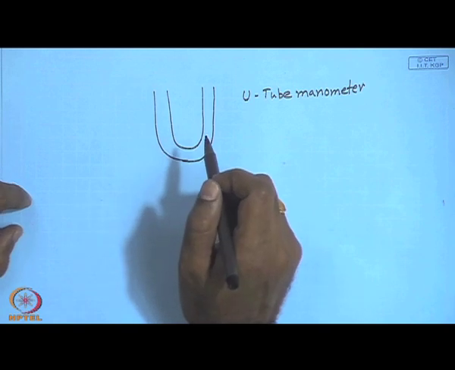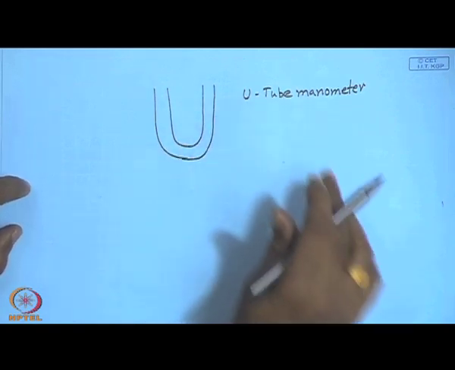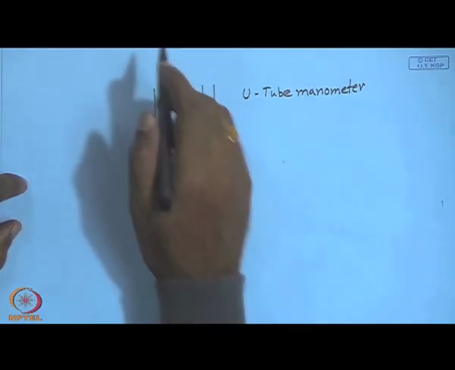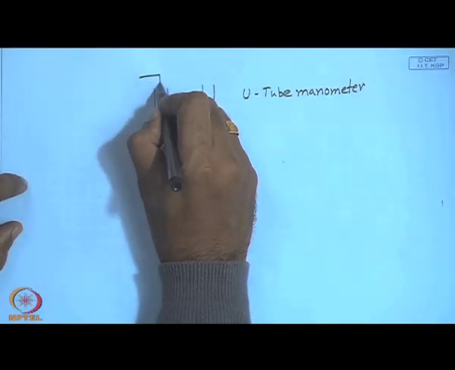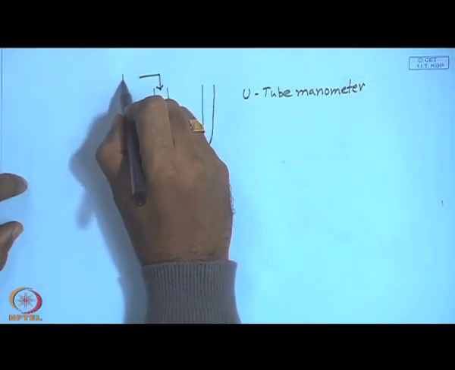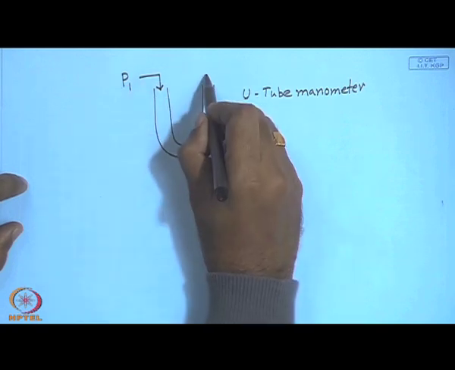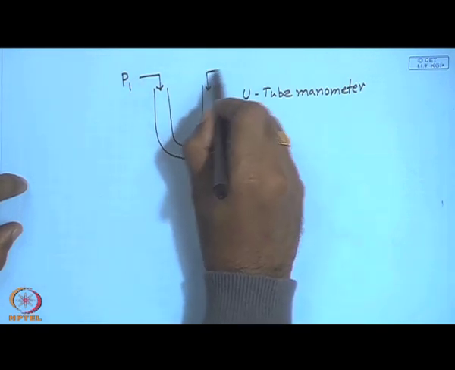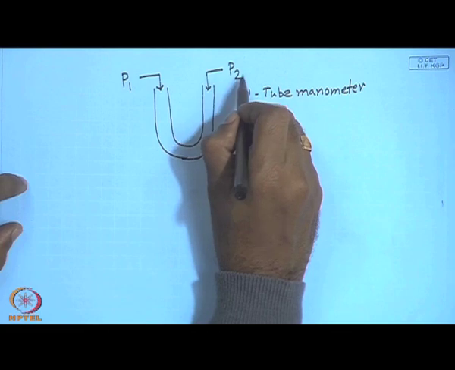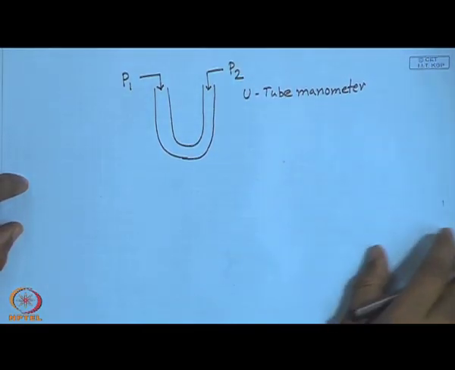You know, a U-tube manometer is used to measure differential pressure. Let us consider the two limbs of the U-tube manometer are connected to two different pressure sources.